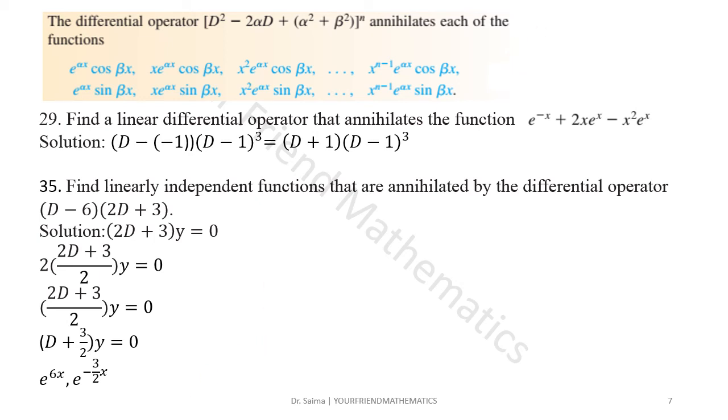So the complex root is alpha plus minus iota beta, raised to power n.